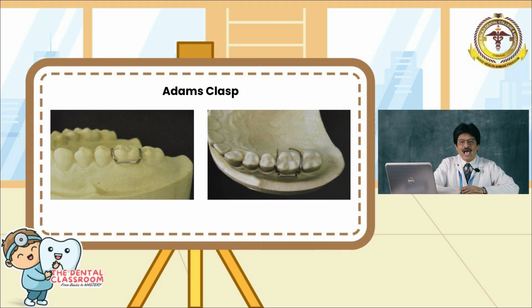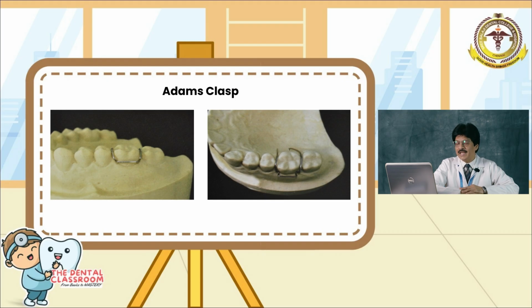Then we have the Adams clasp, which is sort of a modification of the arrowhead clasp. This is a very versatile clasp, and this is the clasp which is used most often. Why so? Because it can be used on deciduous teeth, as also in permanent teeth, as also in teeth which are semi-erupted.